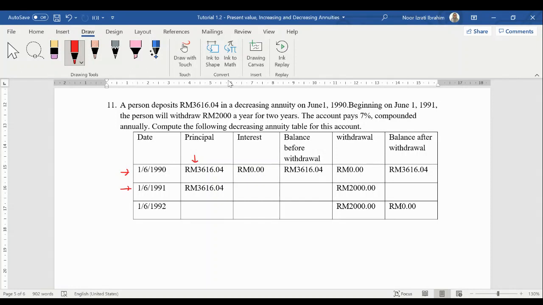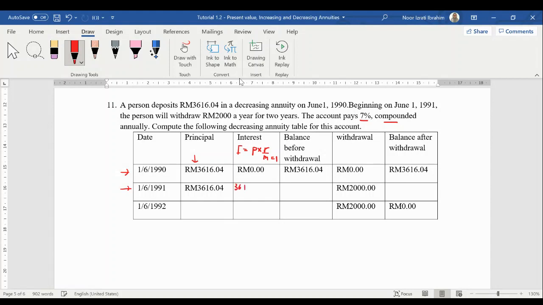Since after 1 year there will be an amount of 3,616.04 ringgit in the account, this amount earns interest. The interest is 7% compounded annually, and as you see, the period is in years, so to find the interest it will just be I equals P times R, because R over M equals 1.